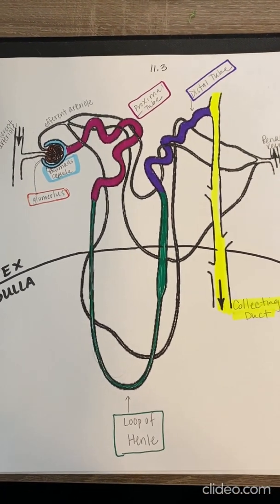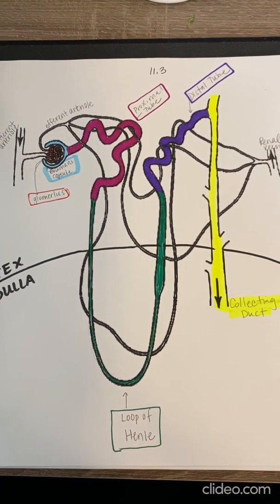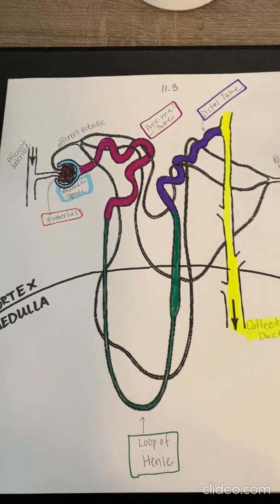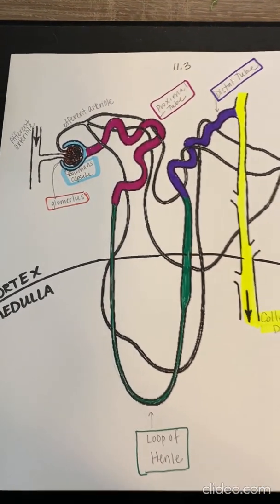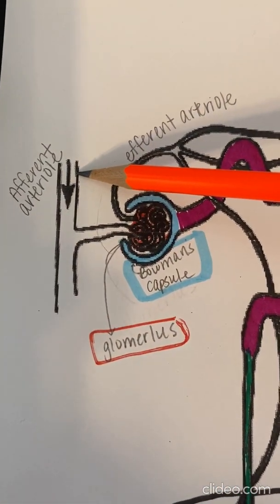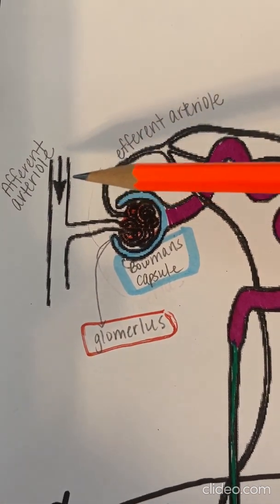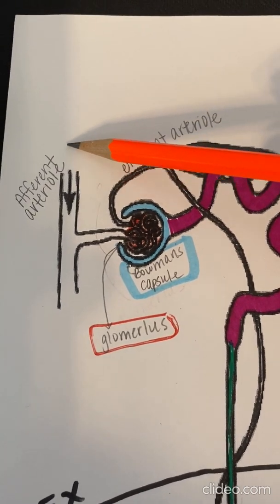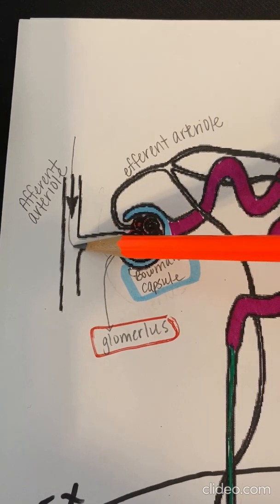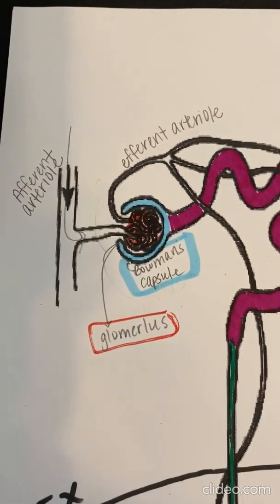You can see that I color coded my nephron. I'm going to have you do the same and label it before we get into what these parts of the nephron actually do. This section here is called the afferent arteriole, and this is where blood comes into the nephron.